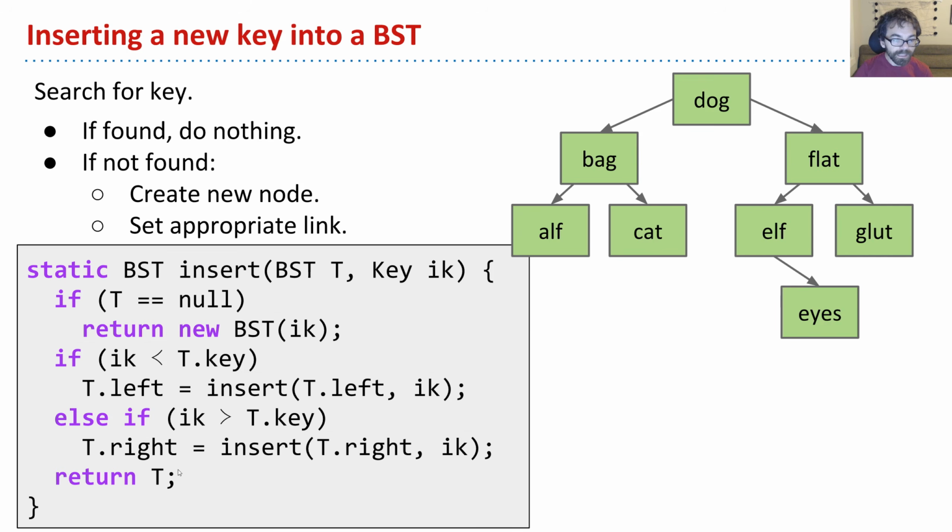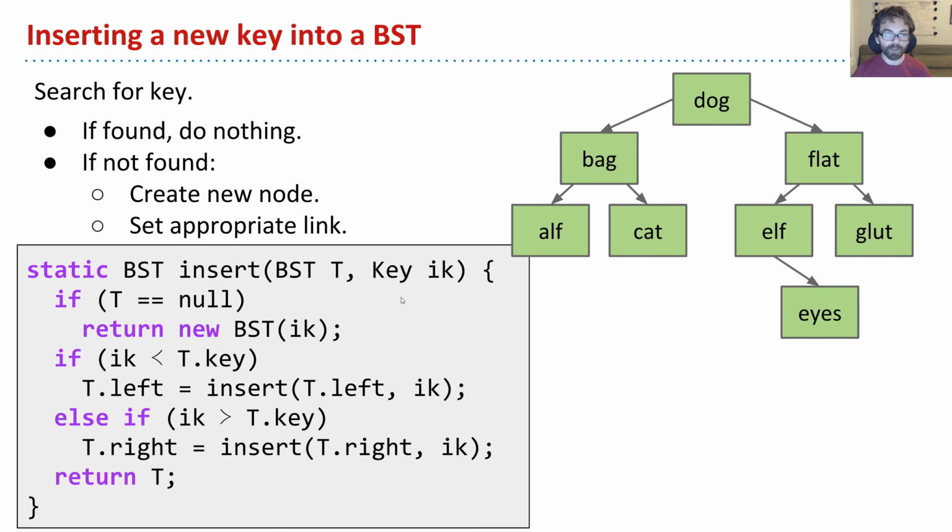And this right here, the fact that each of these recursive calls is saying, for example, t.right equals insert, this is important because when we get to elf, we need to say t.right equals the result of inserting on the null side. Now this is a little mind-bending, and I don't actually expect you to understand that having me explain it to you right now. And that's what the lab is going to be for when it comes to completing this exercise.